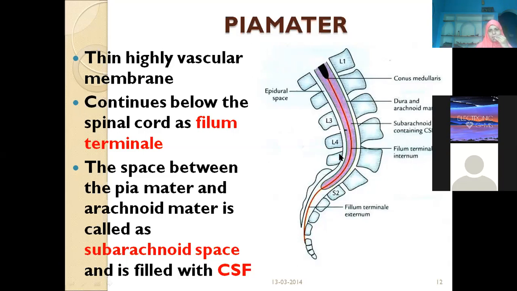The part of filum terminale enclosed inside the dural covering, you call filum terminale internum. The part of pia mater outside the dural covering, you call filum terminale externum. Overall the filum terminale's length is 20 centimeters, 15 is inside and 5 is outside.